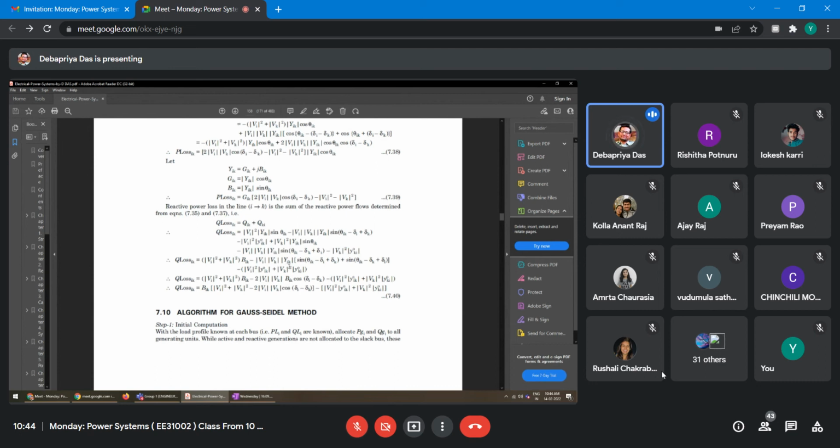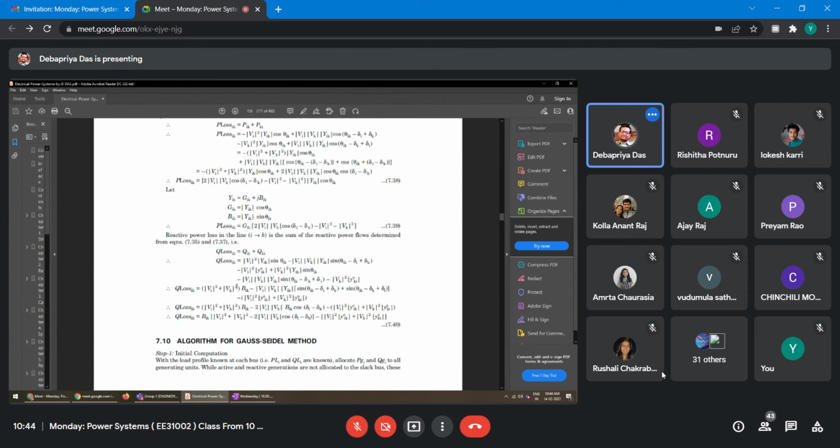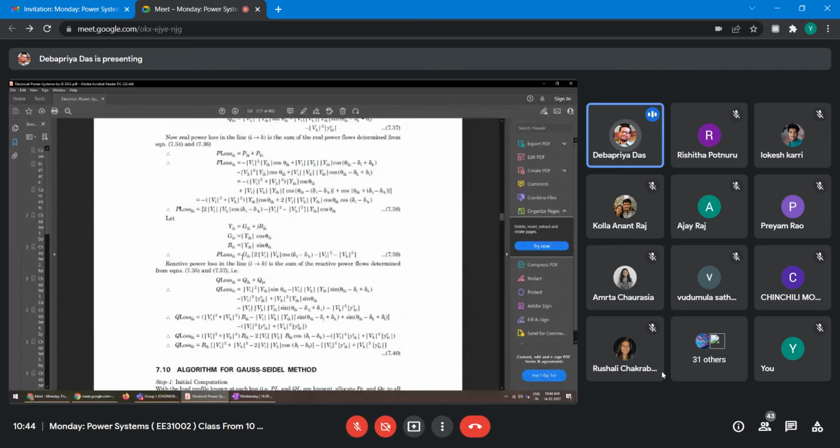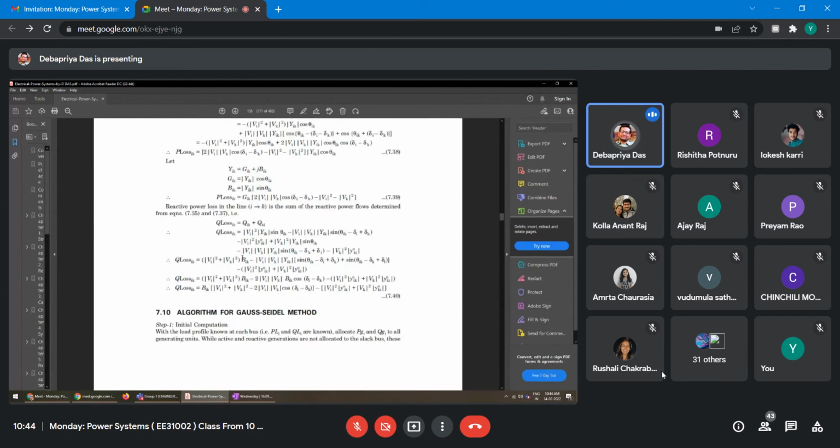This is the expression for P loss ik and this is the expression for Q loss ik. That is the real power loss in the line connecting buses I and K, and the reactive power loss in the line connecting buses I and K. In the case of Q, the charging admittance appears. In the case of real power loss, nothing appears.